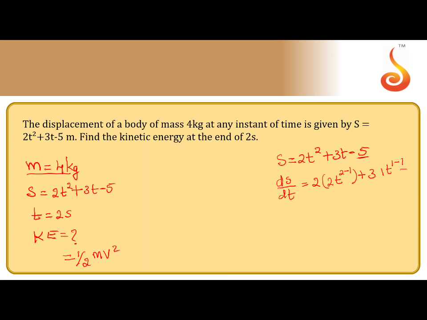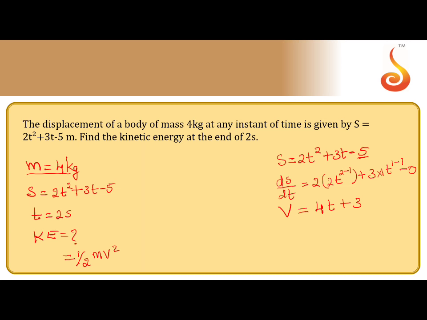Now differentiation of a constant will be equal to 0. This is 4t. Anything power 1 minus 1 is 0. Anything power 0 equal to 1. So plus 3.